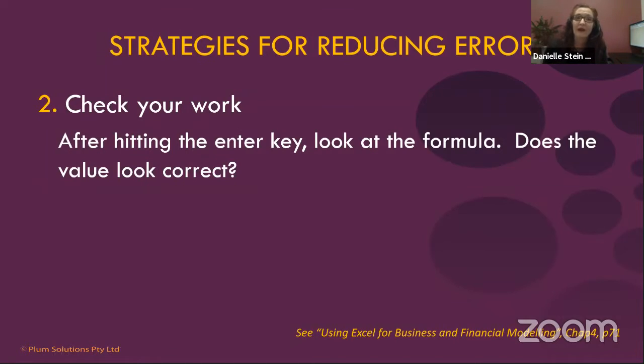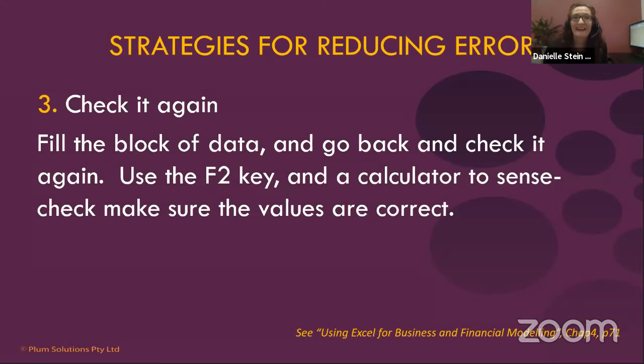Does it look right? Does it look correct? Then check it yourself and check it again. And it's not a bad idea to use F2. F2 is your shortcut that's going to give you a view, so you can see if it's picking up the right cells. Even get out an offline calculator and make sure that the values are picking up correctly.